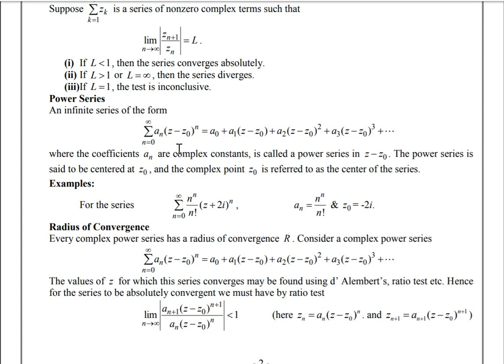What does it mean? It means this infinite series sum is a finite number. Here we have a series in terms of the variable z, and we ask for what values of z the series converges, that is, the series gives a finite value.